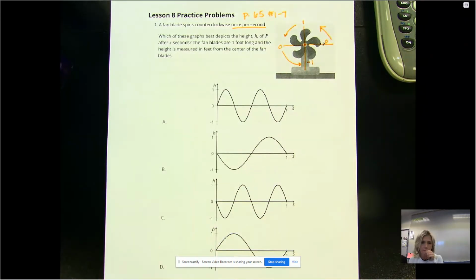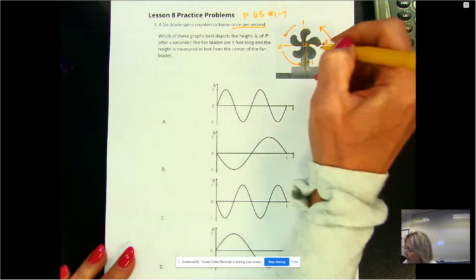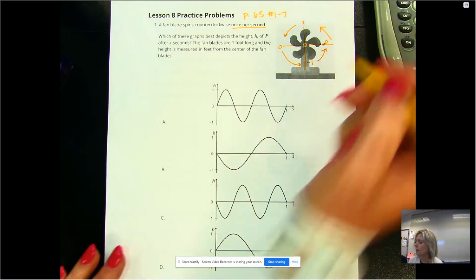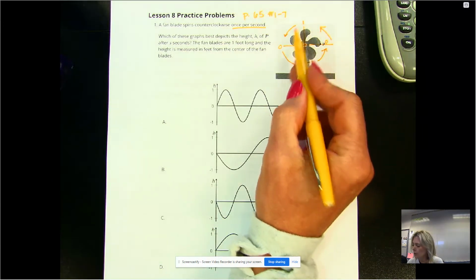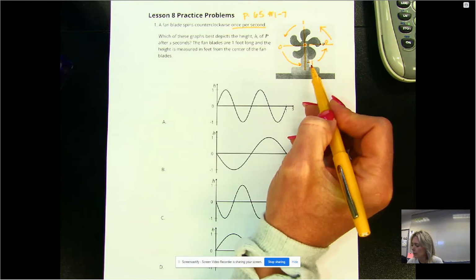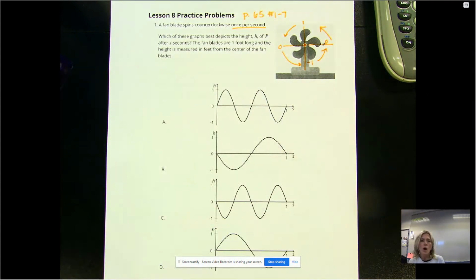It's 1 foot below the center of the fan. And then back up to a height of 0. So what happens is that the fan's height starts at 0 and then goes to 1, to 0, to -1, and back to 0, all in 1 second because it's once per second.